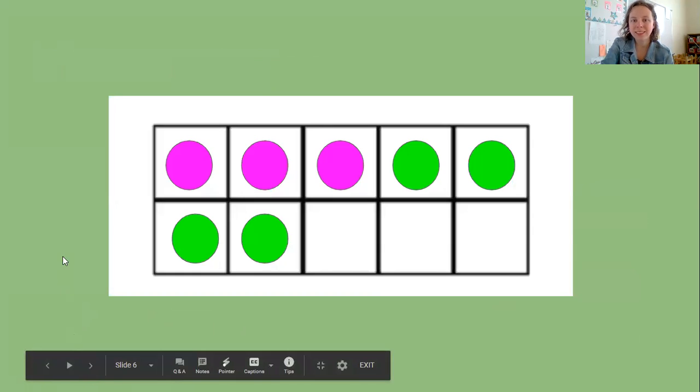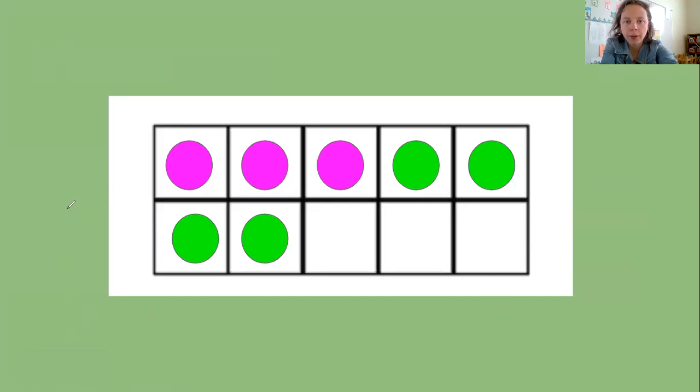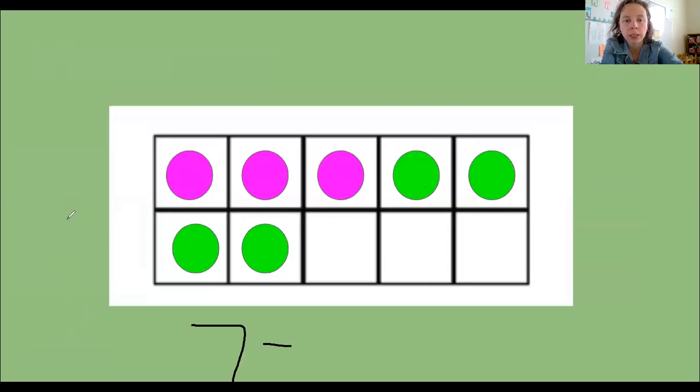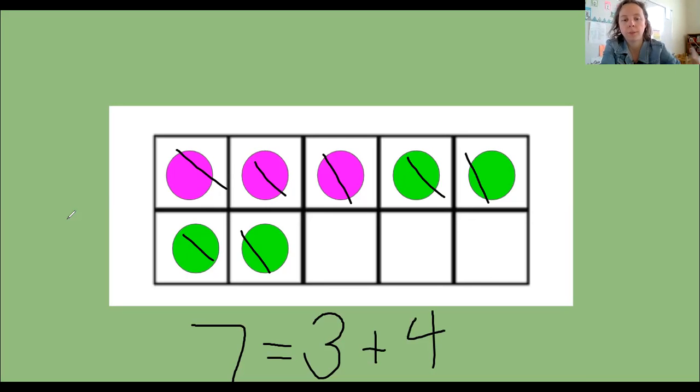All right, so what do we see here? How many do I see filled up? I see 7. 7 boxes full equals how many pinks? 1, 2, 3. How many greens? 1, 2, 3, 4. 3 plus 4.